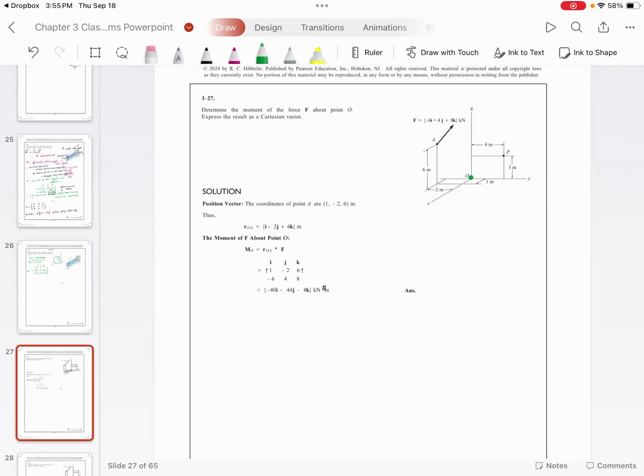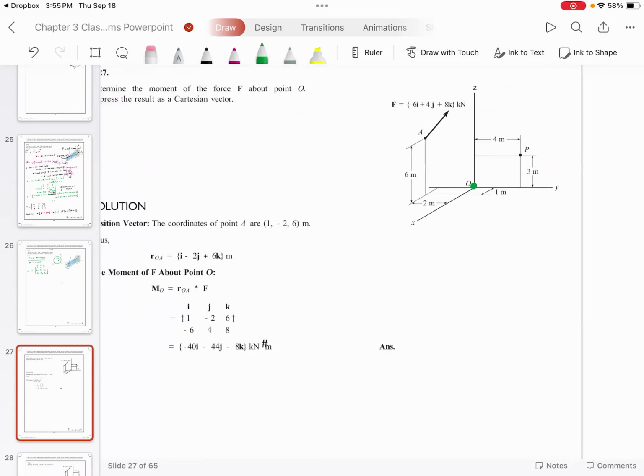Now, as you can see, this coordinate system is X, Y, and Z. Is this the right-hand coordinate system? If it's the right-hand coordinate system, I'm going to write this as i, j, k.